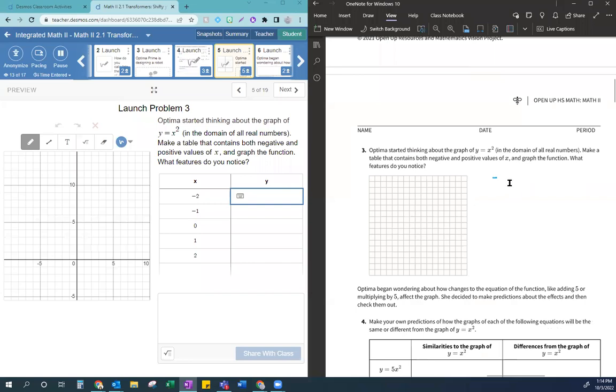Still, -1 quantity squared is going to be +1. Does that make sense? So -1 with the parentheses around it, the whole thing is being squared, so it's a +1. Same thing with -2, it's 4. Okay, and like you guys said, 0 times 0 is 0. These ones are easy, 1 and 2.